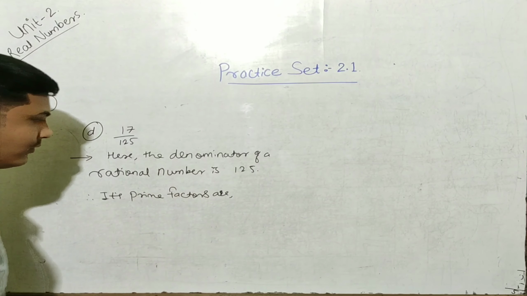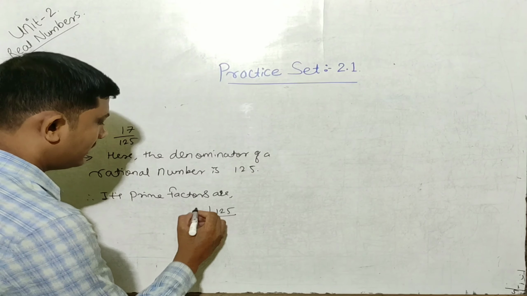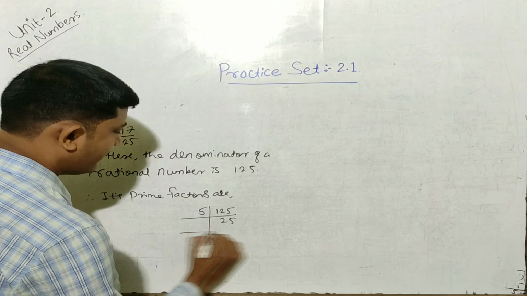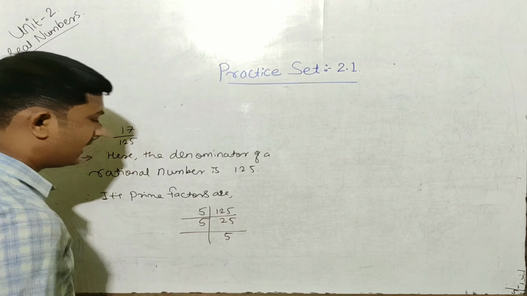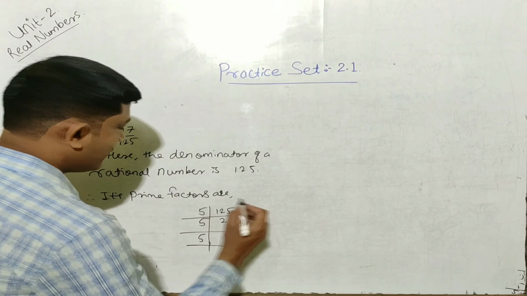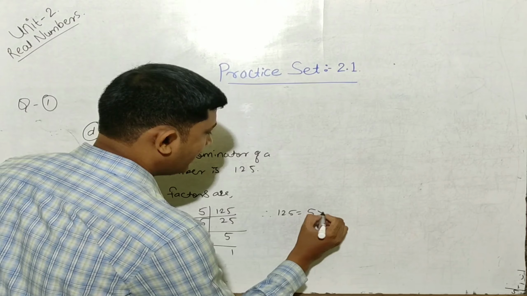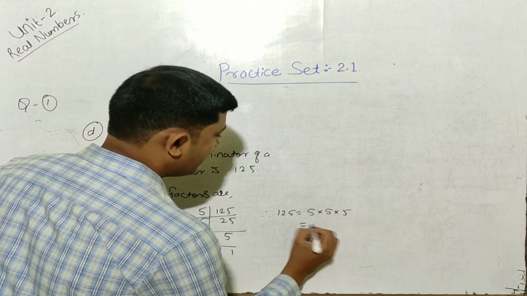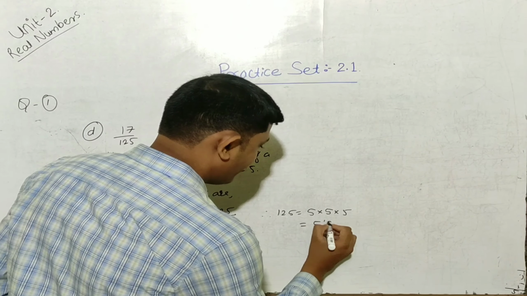We have to find the prime factors of 125. Now 125 can be given as 5 into 25. Again 25 can be given as 5 into 5. Again 5 is given as 5 into 1. Therefore 125 can be written as 5 into 5 into 5. That is, 125 is given in terms of 5's.